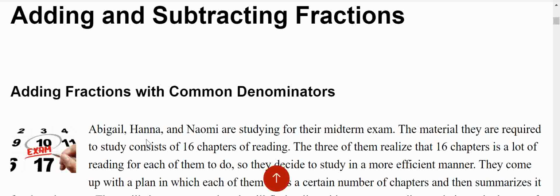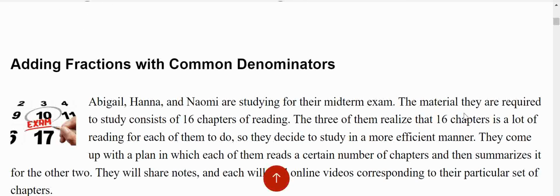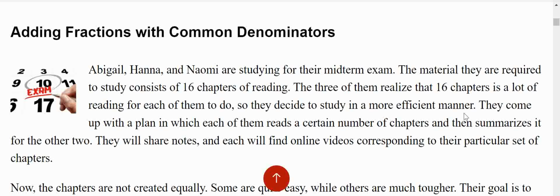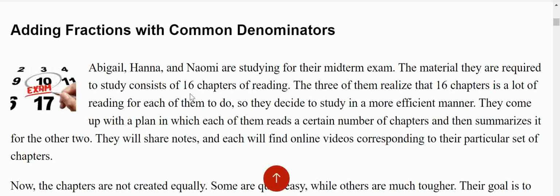Abigail, Hannah, and Naomi are studying for their midterm exam. The material they are required to study consists of 16 chapters of reading. The three of them realize that 16 chapters is a lot of reading for each of them to do, so they decide to study in a more efficient manner.